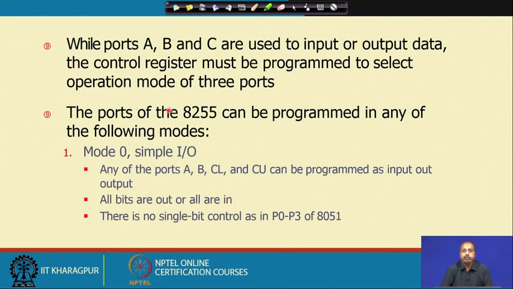Though we said previously that port C is bit addressable in some mode, in mode 0 that is not true; that is true for a particular mode only. In all cases the entire port is configured the same way, either as input port or output port. Unlike the 8051, where ports P0 to P3 have bit controllability, here we do not have that feature.